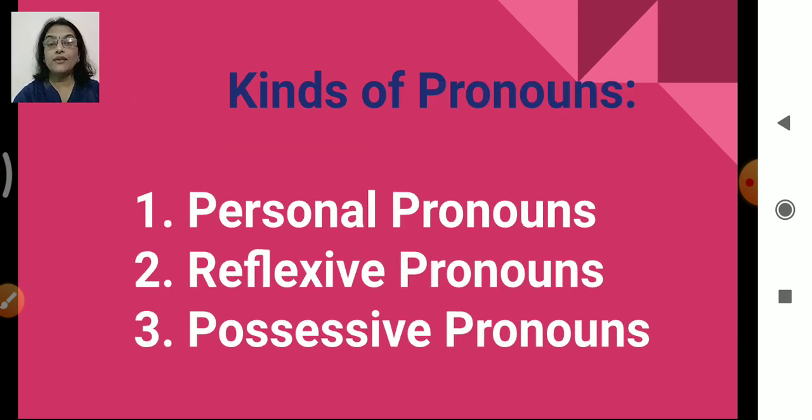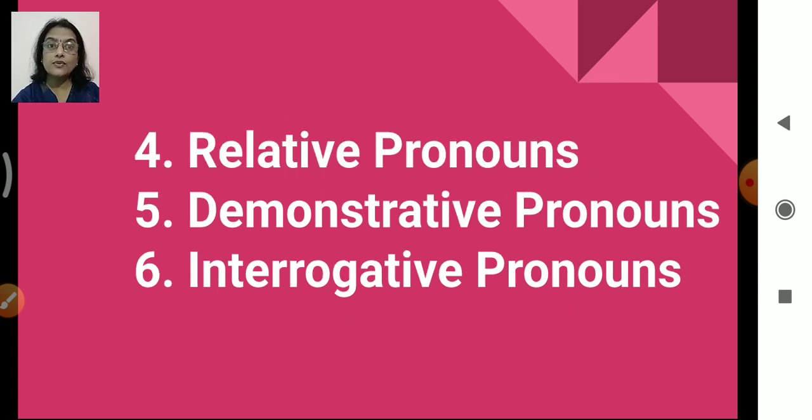Now children, today we are going to learn different kinds of pronouns. Okay, what are they? Personal pronouns, reflexive pronouns, possessive pronouns, relative pronouns, demonstrative pronouns and interrogative pronouns. So we are going to learn all these 6 kinds of pronouns.